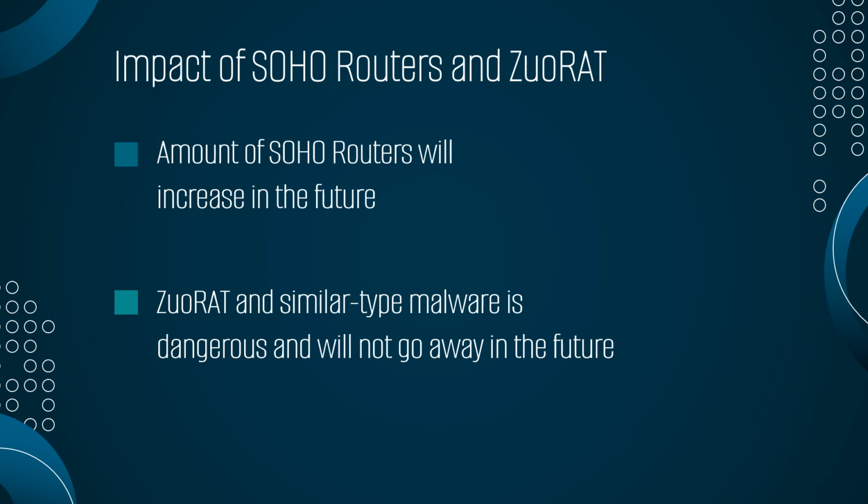ZuoRAT is not the only malware out there that can do this. The case of ZuoRAT illustrates how malware can severely impact businesses, acting as both a Trojan and a botnet. Lack of adequate network security defenses exposes vulnerabilities. This case emphasizes the need for regular firmware updates to mitigate such threats.